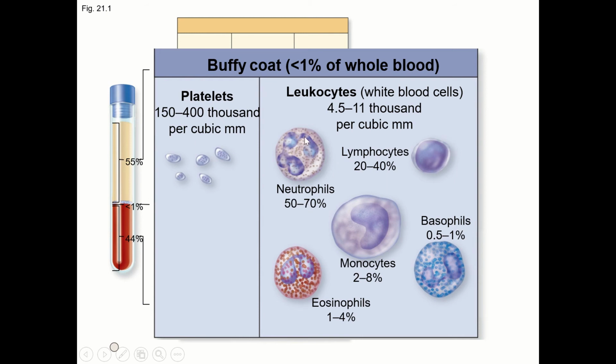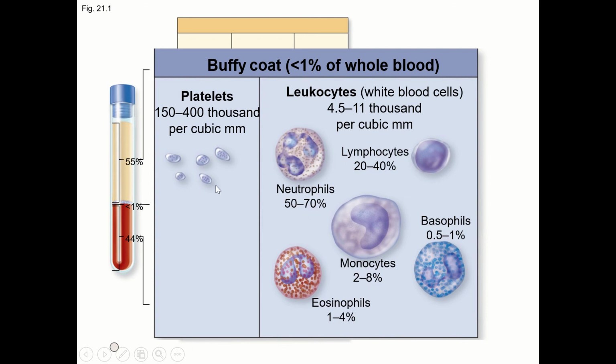Neutrophils are macrophages that engulf pathogens and destroy them, and then others are going to release antibodies to bind to any kind of pathogen. And then the other thing in the Buffy Coat are platelets.